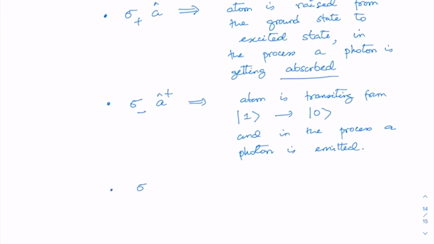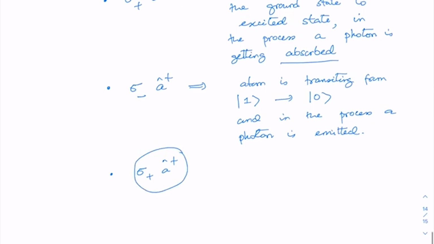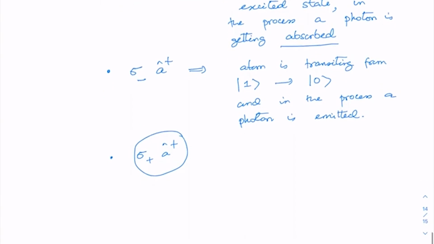On the other hand, you see these two processes, sigma plus a dagger, means that when the atom is getting excited, a photon is also getting created. The probability of occurrence of this event is very unlikely. The other one is sigma minus a, which means that when the atom is getting de-excited from the excited state to the ground state, a photon is getting absorbed.